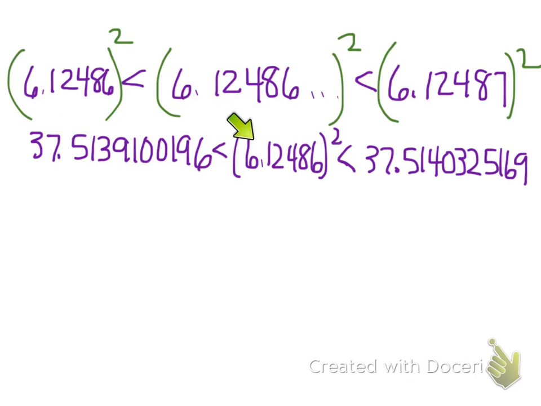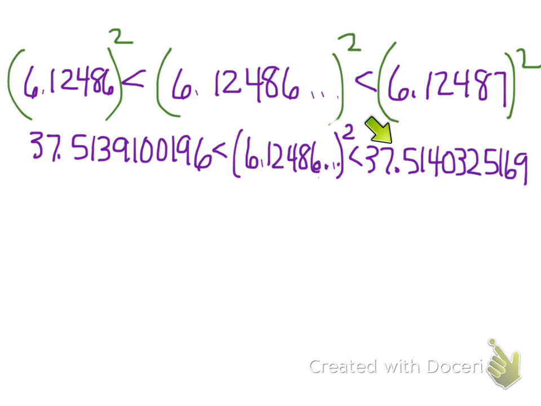Okay, and here's my number. This is actually, I shouldn't have written it this way. This is actually the repeating decimal here. It has extra stuff on it here, and it's squared. And I know that it's less than this number squared, which is right here.